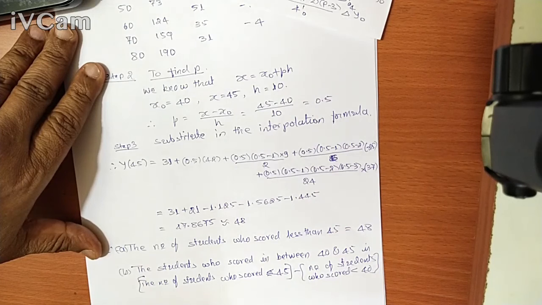So this is equal to what? 48 we have just evaluated, then minus 31. So that gives me 17.